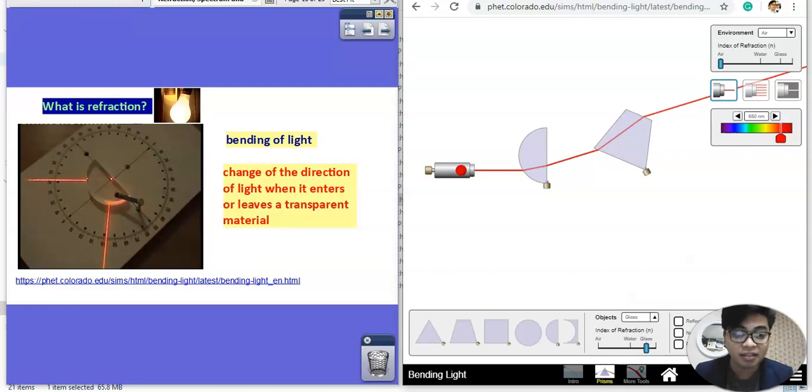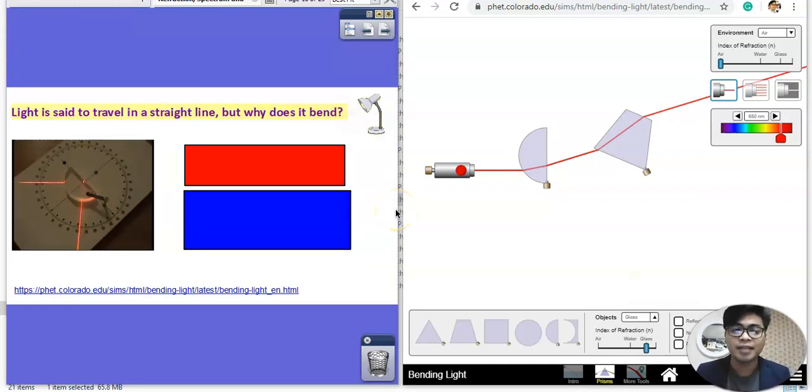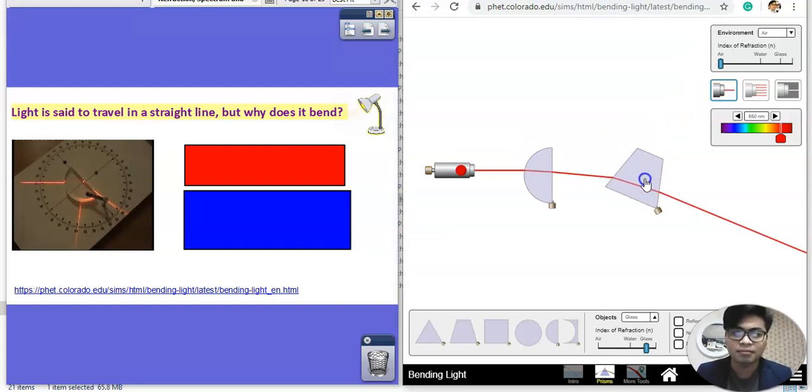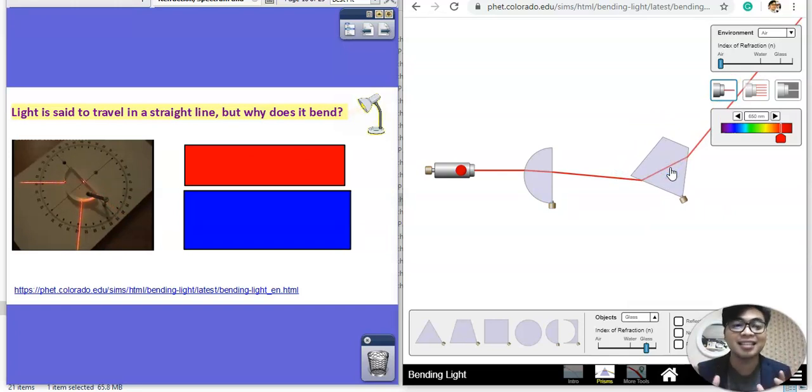result from refraction. So they say that light travels in a straight line. However, why does it bend in here? Why does the light tend to refract in this scenario? What are your thoughts? Again, the clue here is that the environment is air, and of course it's definitely transparent, and the glass here is also transparent.